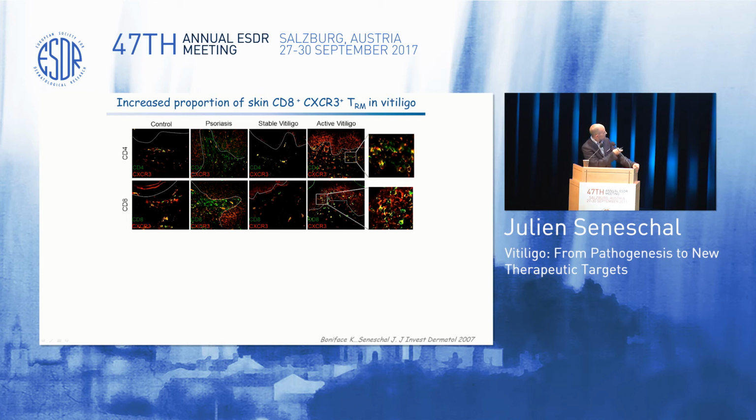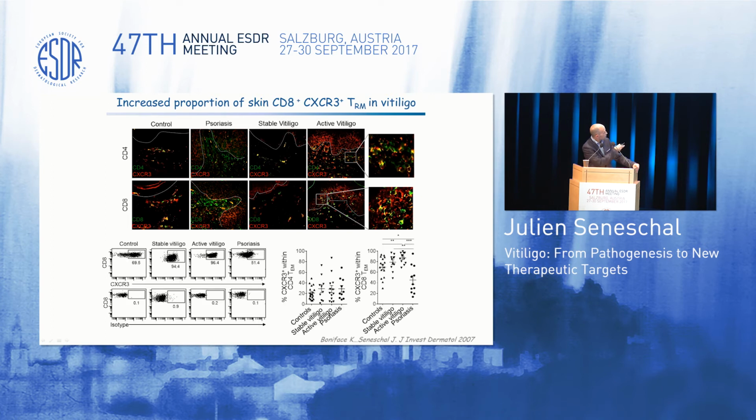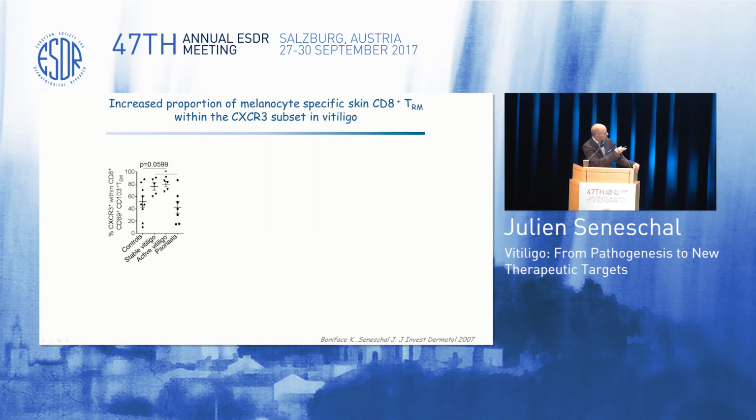Here we found that the CD8 positive T cells expressing CXCR3 highly express CD69 and CD103. And next, using pentamer technology that can characterize melanocyte-specific T cells, we found that here in black are active patients, in gray stable patients, and we checked for melanocyte antigen-specific T cells against GP100, MART1, and tyrosinase.